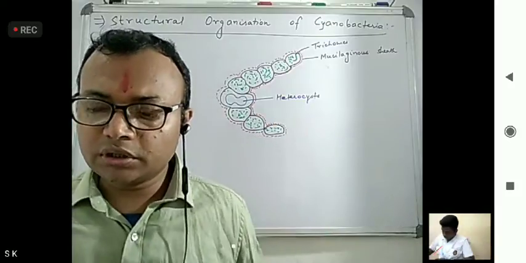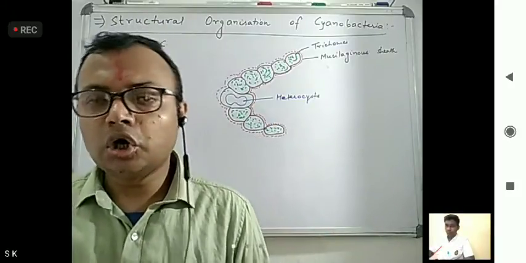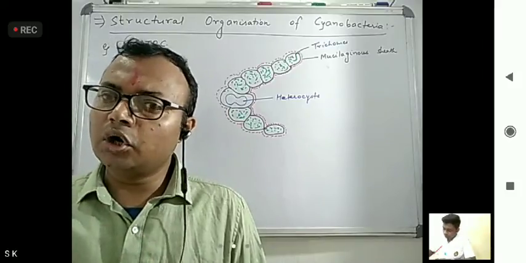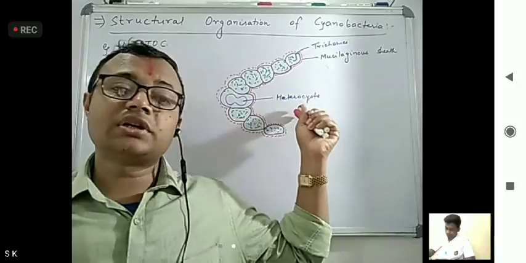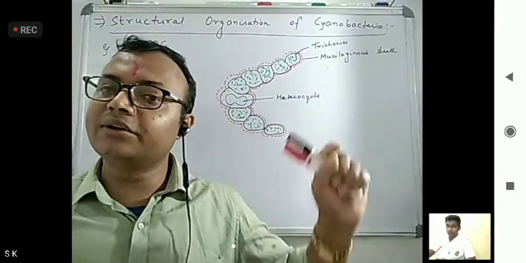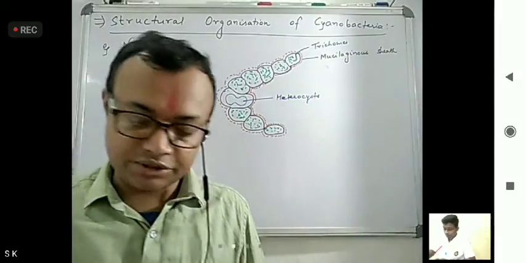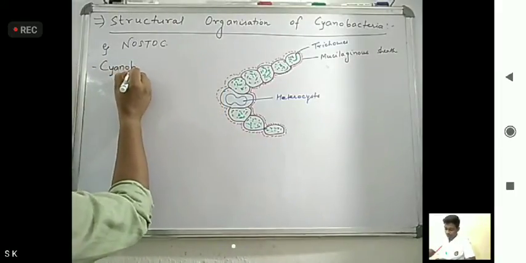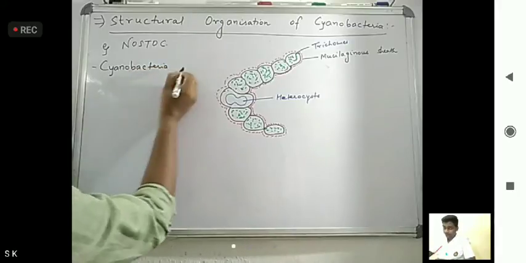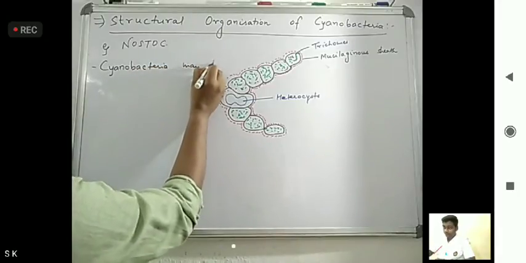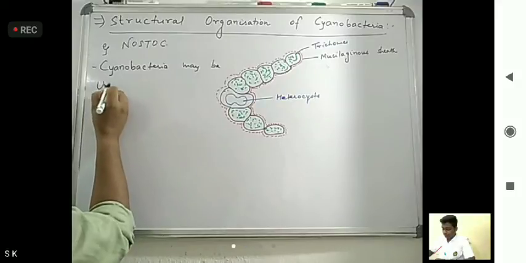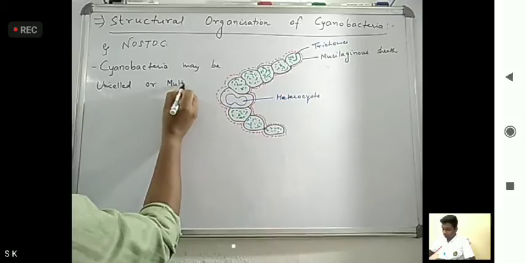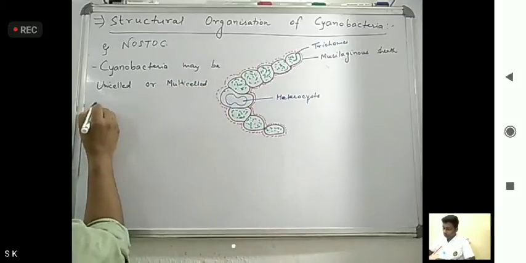Nostoc may be unicellular or multicellular, but the one containing a heterocyst is multicellular. So we can say cyanobacteria may be unicellular or multicellular structure.